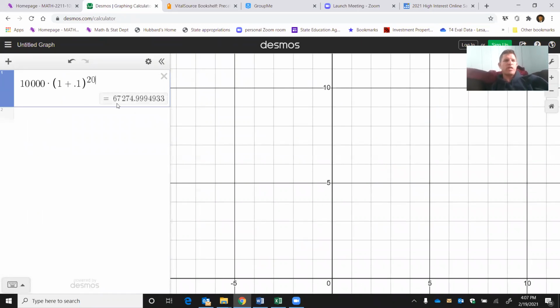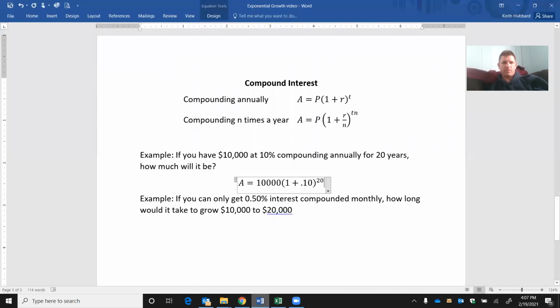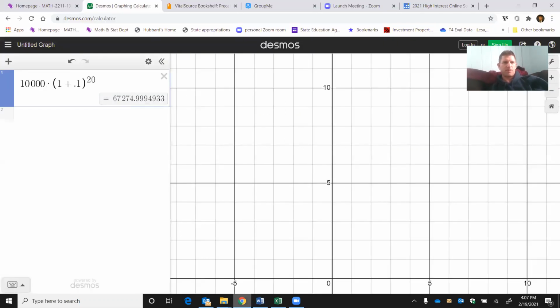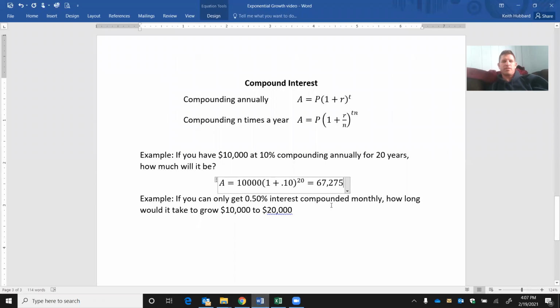Okay, so after 20 years, at 10% interest, you're going to have $67,274.99. So 67,275. Wow, that's going to require a lot of patience, but 67,000 is a lot more than 10,000.